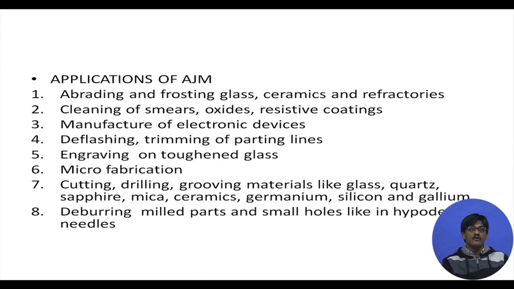Two of these processes can be deburring first of all, and also putting the abrasive jet into inaccessible places like inside small holes or inside some pipes, internal passageways, small holes in hypodermic needles, etc., where cleaning and deburring can be performed, which is not possible by other processes.